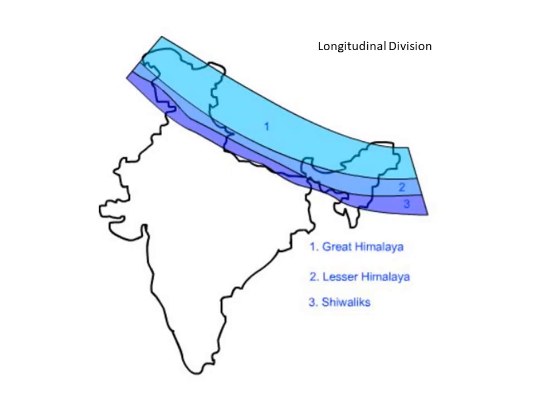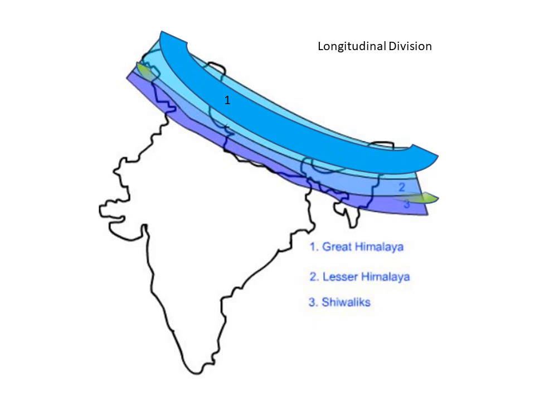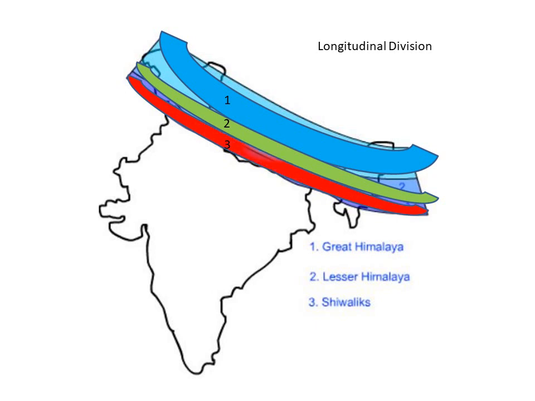The Himalaya consists of three parallel ranges in its longitudinal extent. The northernmost range is known as Greater Himalaya or Himadri. The range lying south of the Greater Himalaya is Lesser Himalaya or Himachal. The outermost range of the Himalaya is Shivalik.